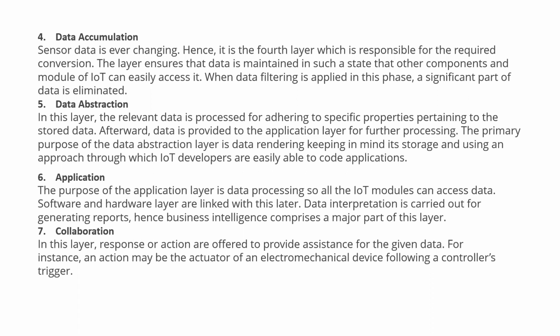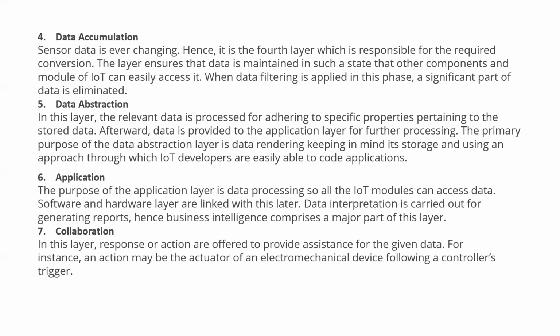Now in the collaboration layer, the actual response or action is created with the help of the reports which are generated in the application layer. For example, suppose some action is decided in the application layer to turn on or turn off an electromechanical device.